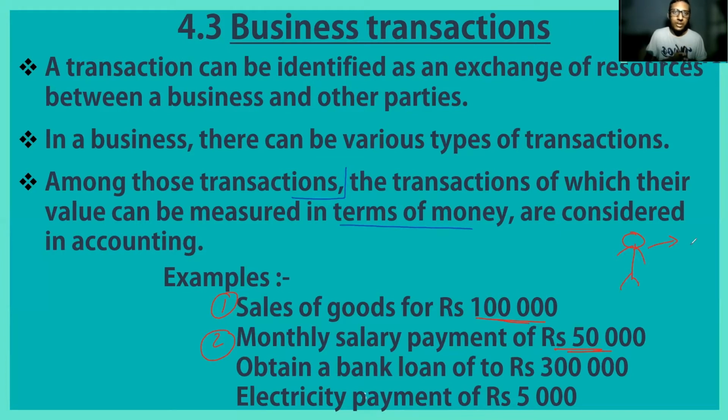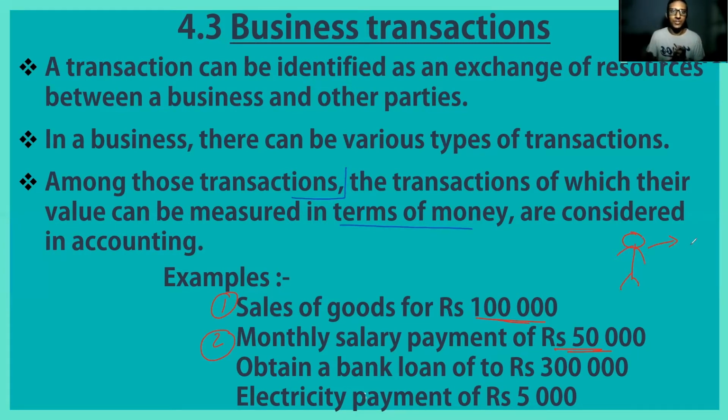But we can't include him. Why? We can't measure his talents. We can't measure him using a monetary value. So we don't include him in our financial statement. I hope you guys have understood the idea of money measurable, right? මුදලින් මැනිය හැකි ගනුදෙනු විතරයි අපි include කරන්නේ.